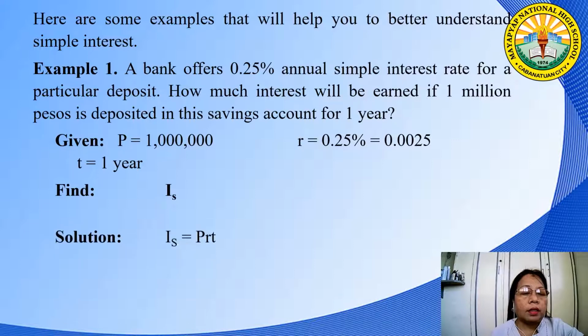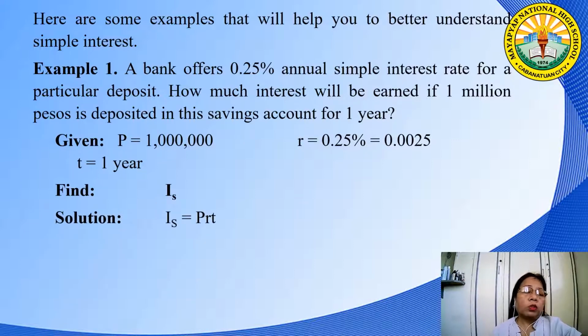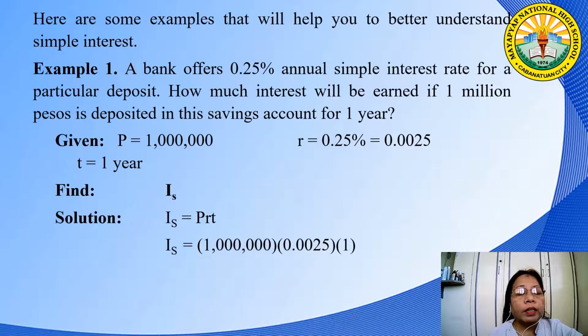So solution using the formula as we defined before. I sub S depends on the three factors, namely P, R, and T, where P is the principal, R is the simple rate of interest, and T is the term or year.